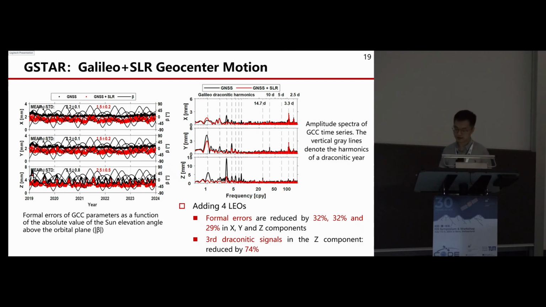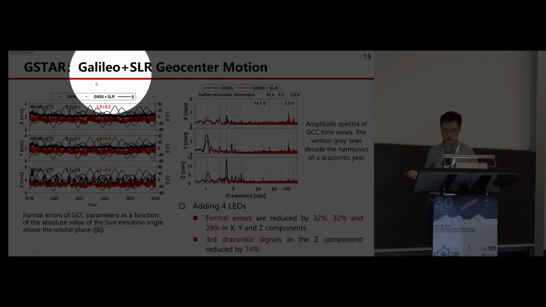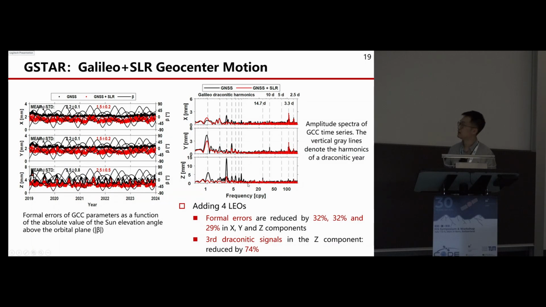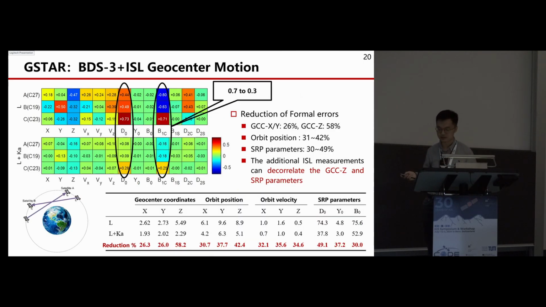Compared to the Galileo-only solution with a small amount of SLR, this is a mistake here, this should be SLR. The formal error in the three directions is reduced by an average of 31%, and the draconitic signals in the Z component are reduced by 17.4%.